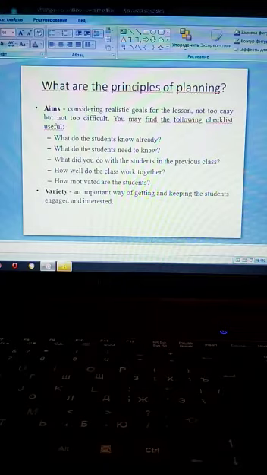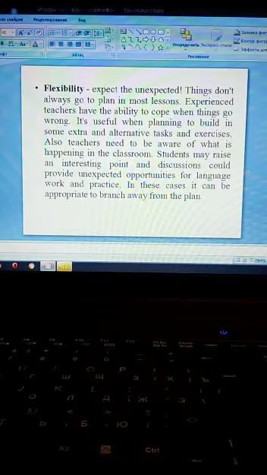What do the students need to know? What did you do with the students in the previous class? How well do the class work together? And how motivated are the students? The second one is variety. Variety is an important way of getting and keeping the students engaged and interested.